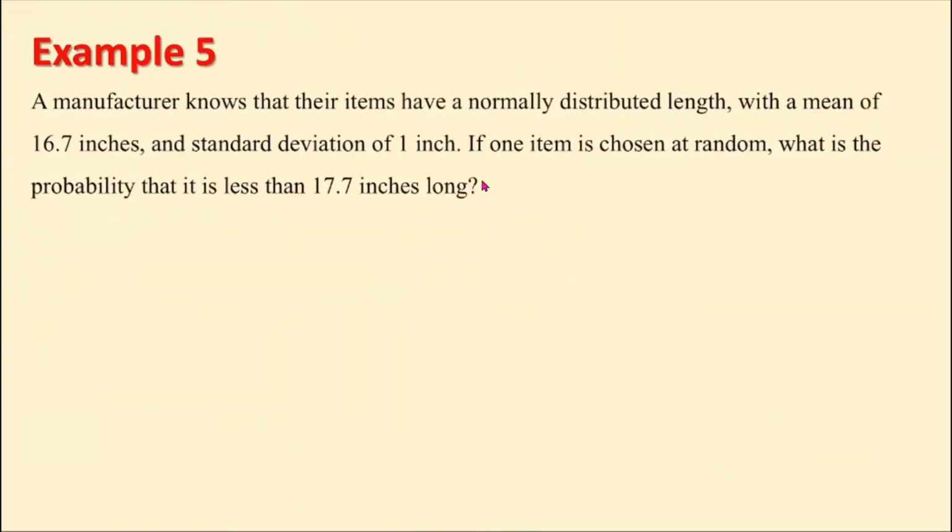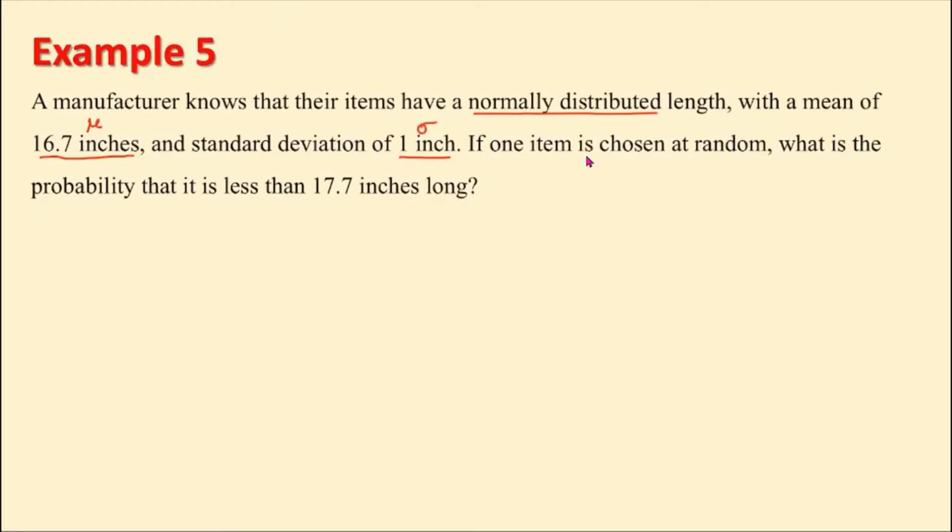Here is example 5. Let's see what we are asked to find. A manufacturer knows that their items have a normally distributed length. So here we are talking about a normal distribution with the mean of 16.7 inches, and standard deviation 1 inch.